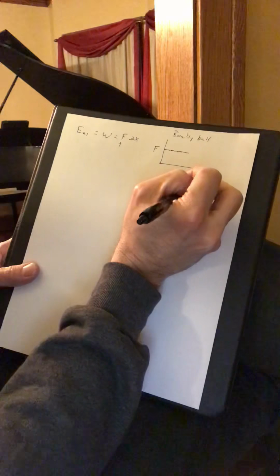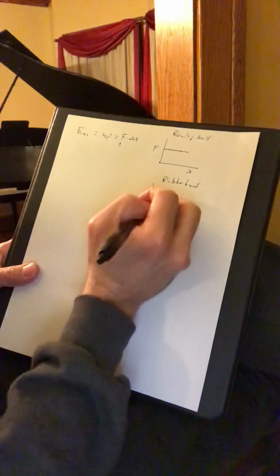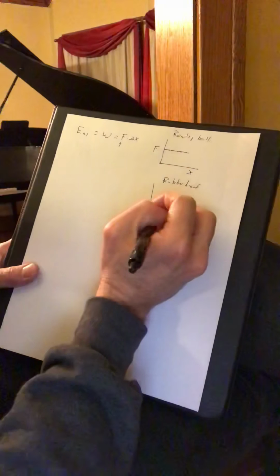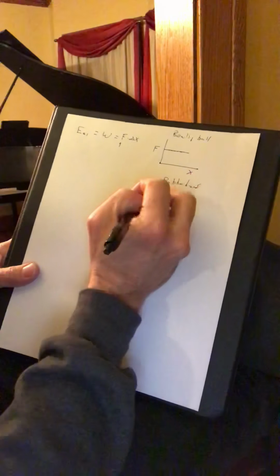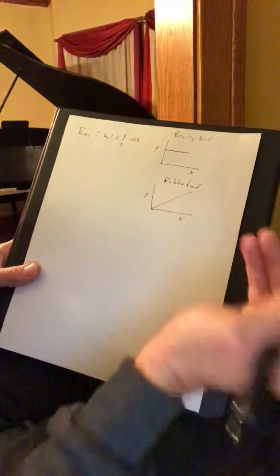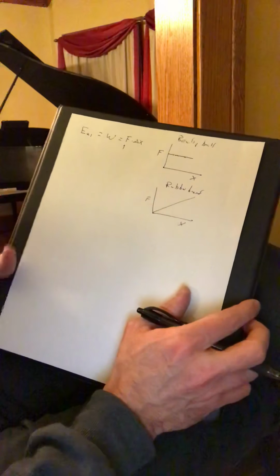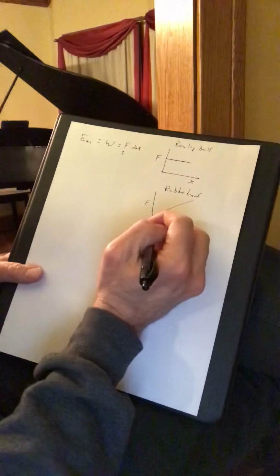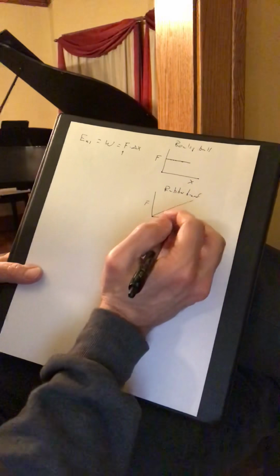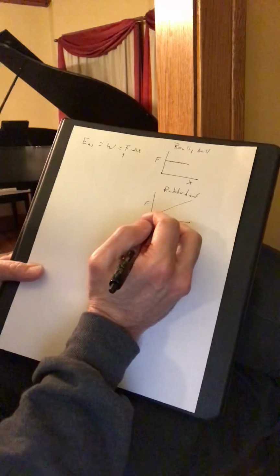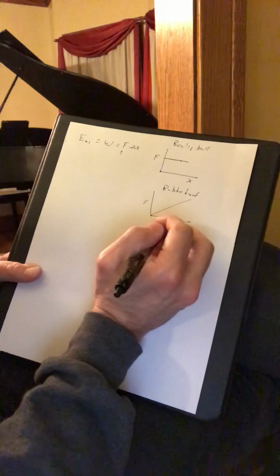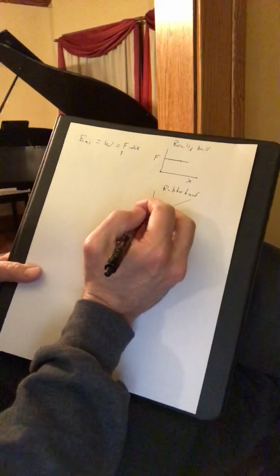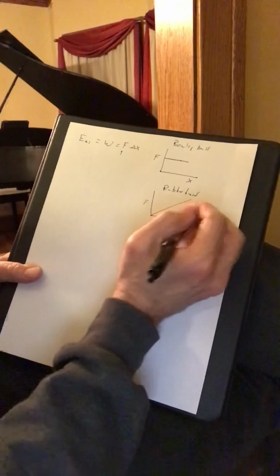I give them a minute or two to think about this. Some kids may suggest some sort of curvy thing. A lot of kids will do that. I'll say, okay, great, it could well be that too. But most typically for most objects, it's this kind of linear relationship. That makes sense. That means the farther back you pull this, the greater the force is needed to pull it over that distance.